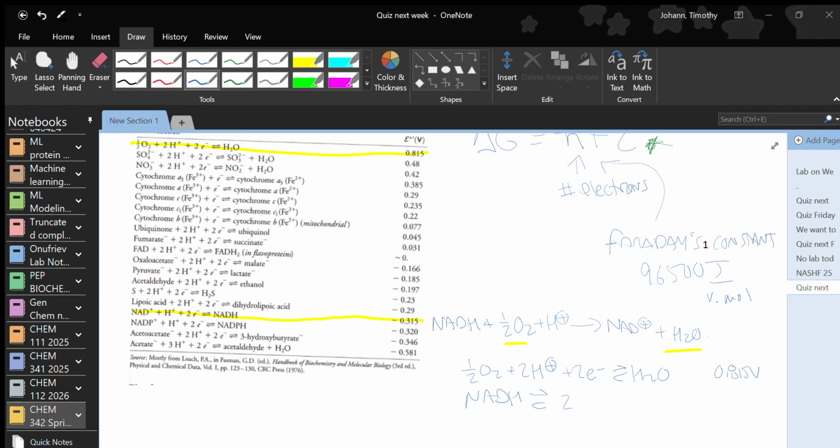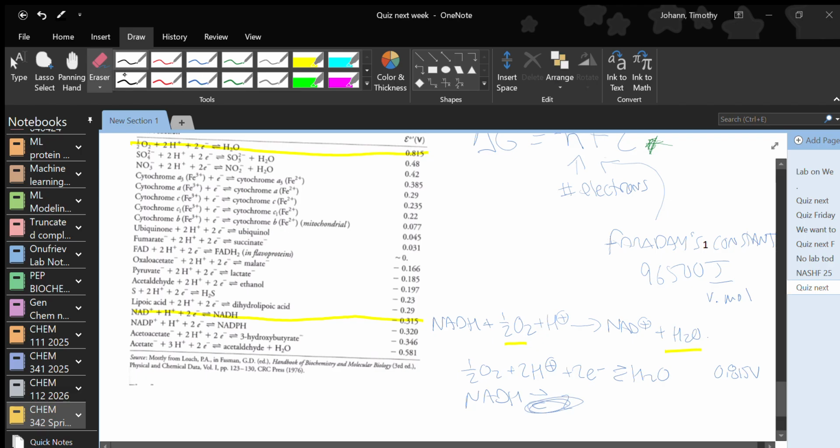Actually, let me make it more obvious where that arrow is. And then we're going to go NAD plus H plus, 2 electrons. And we flipped our sign, so now it's 0.315 volts.